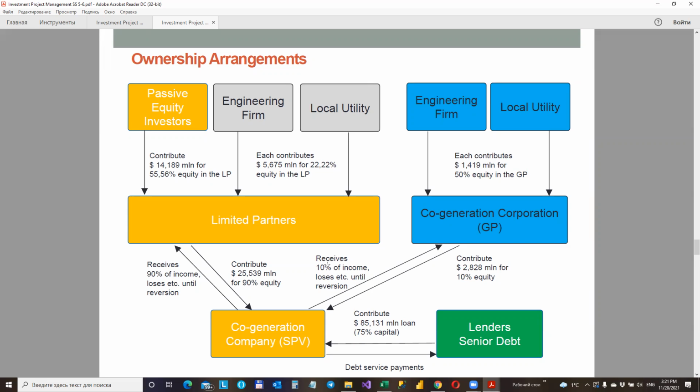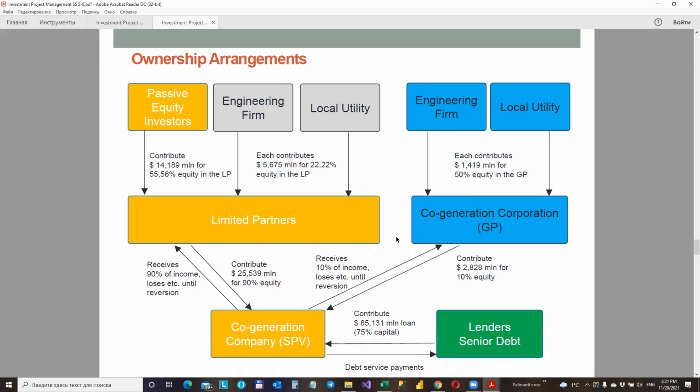Engineering firm and local utility each own half of the general partner, Cogeneration Corporation. Here it is. You see, this local utility and engineering firm both act as shareholders of the general partner.